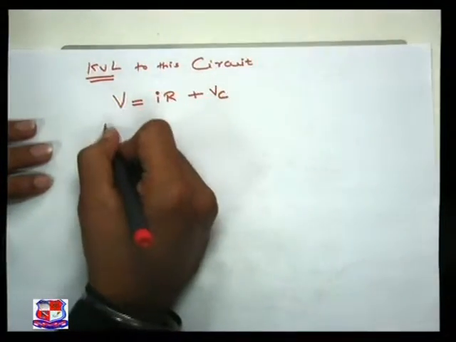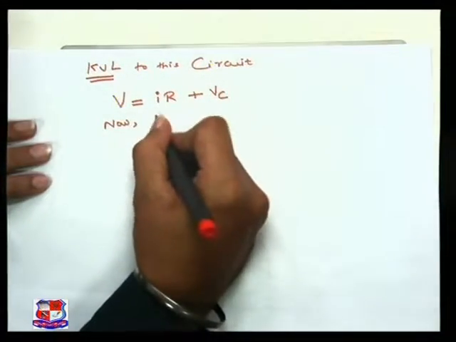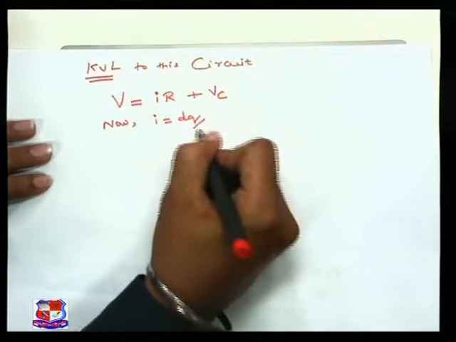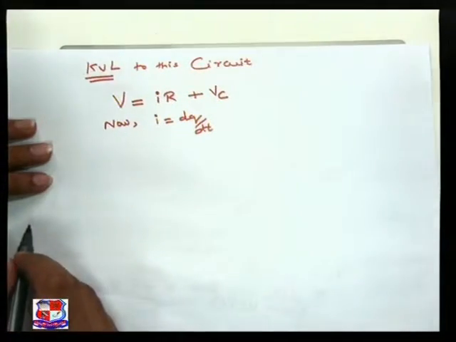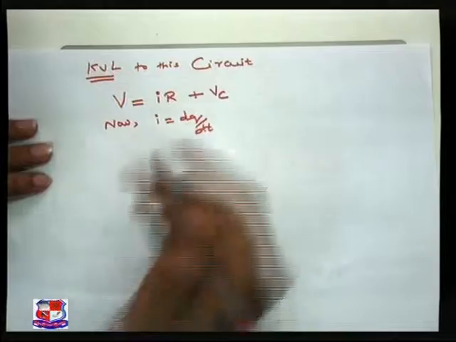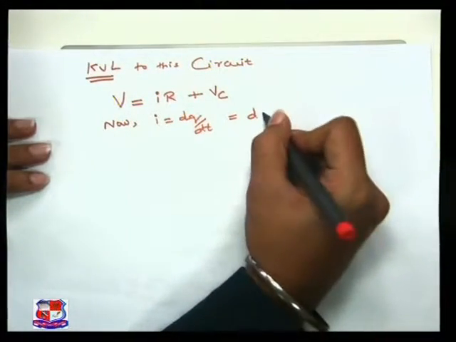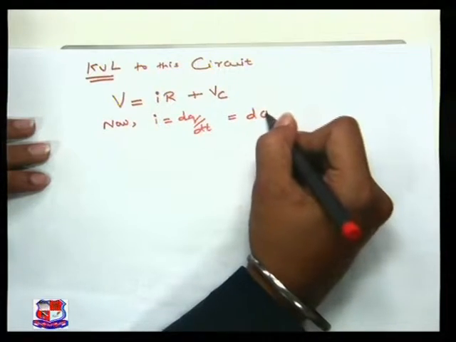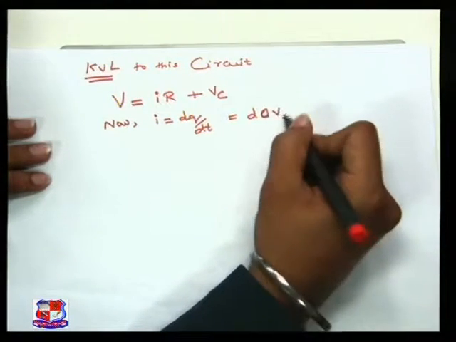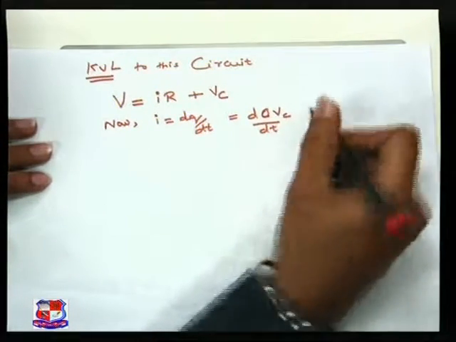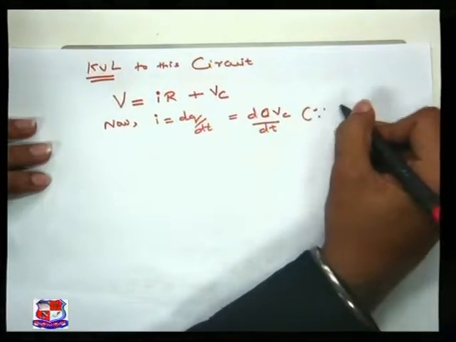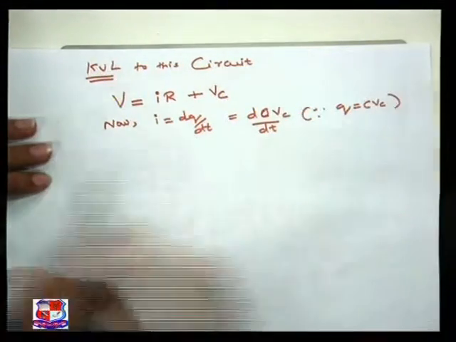Okay, now we know I is equal to dq by dt, the rate of change of charge, that you can say as current. Again Q in terms of voltage and capacitance, we know Q equal to CVC, right.